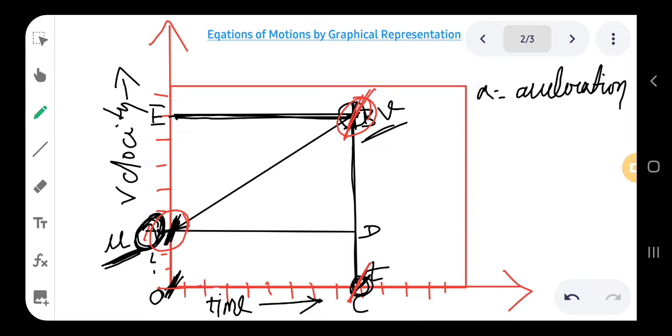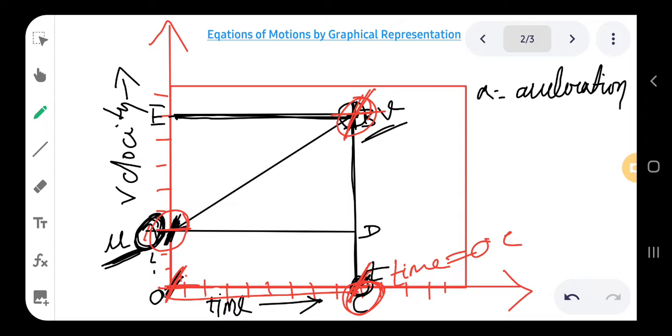That means from the base to this is our initial velocity, from the base to this is our final velocity. OC is our time, the maximum time we went at C. So OC equals time.